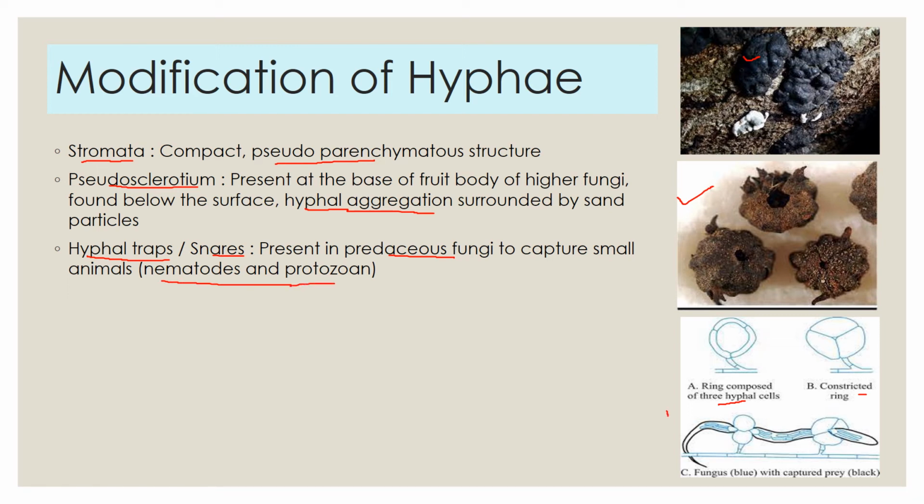Here we see a nematode which is ensnared by the fungal hyphal snares. Usually once ensnared, the nematode won't be able to move, and the fungal hyphae will absorb all the nutrients from the nematode.